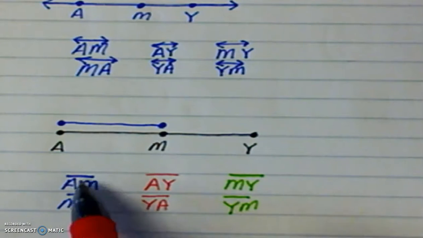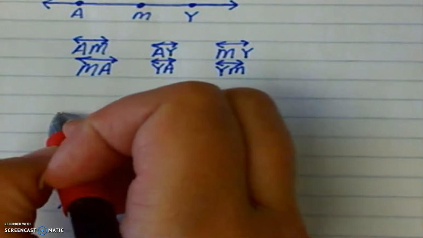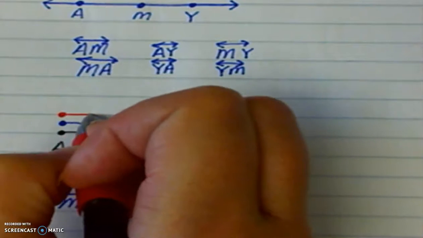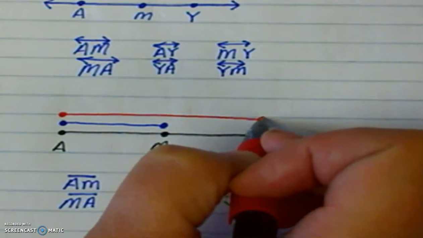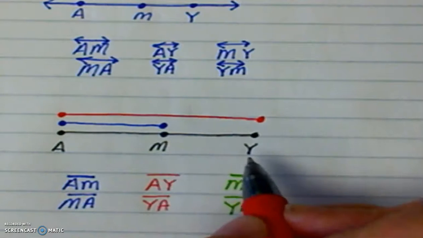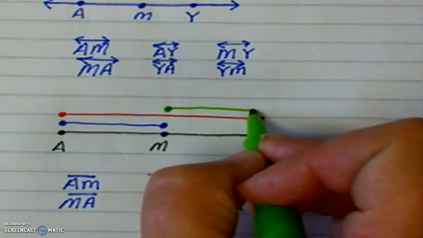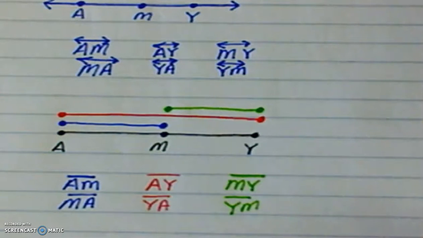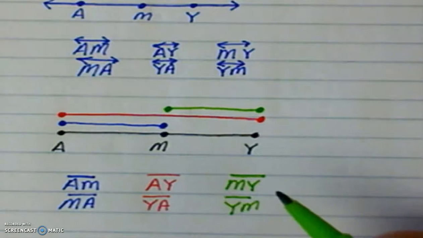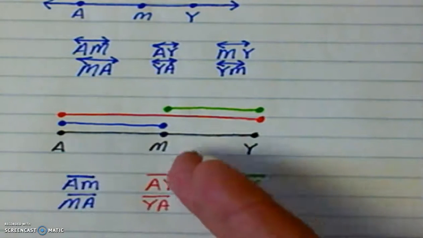So both of these right here only represent this distance from A to M. So AY is making reference from A all the way over to Y. So the middle two in red are actually representing the full line segment that we have. And MY or YM is just referring to this last segment right there. So we could name it 3 different ways, but that's actually referring to 6 different ways. But the difference is going to be which actual segment are you talking about?